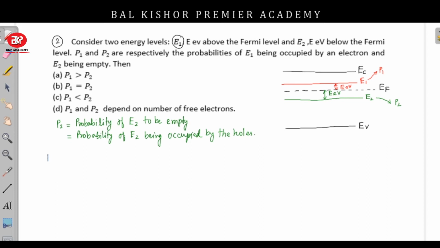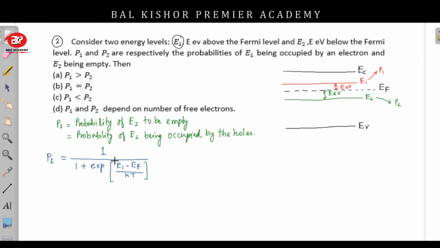So P1 क्या है? P1 is the probability of E1 being occupied by the electron. According to the Fermi-Dirac statistics we can write that it will be 1 divided by 1 plus exponential E1 minus EF divided by KT.